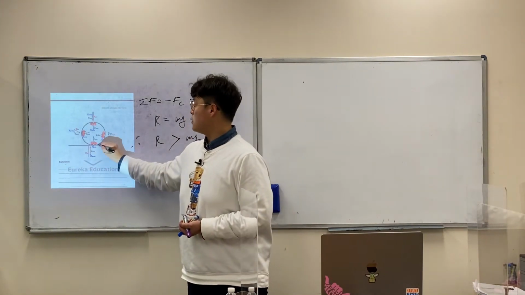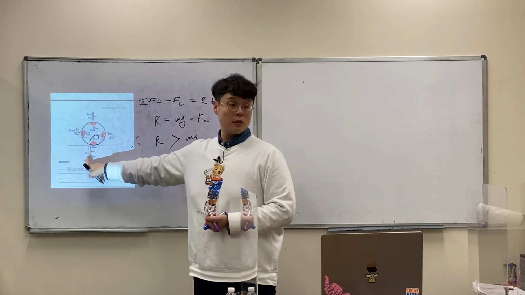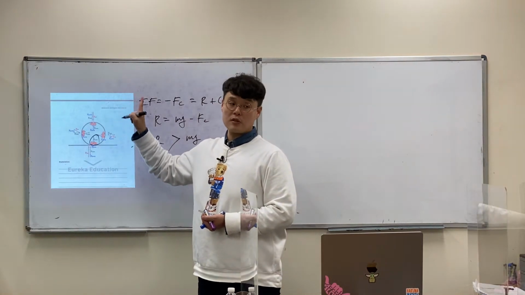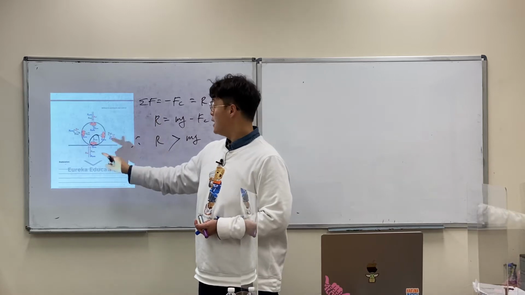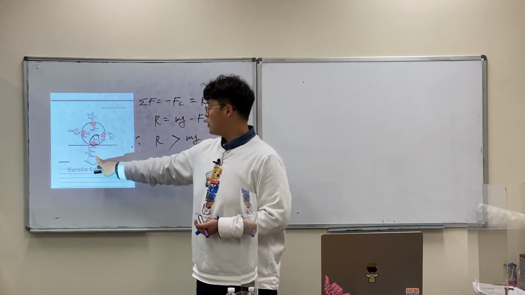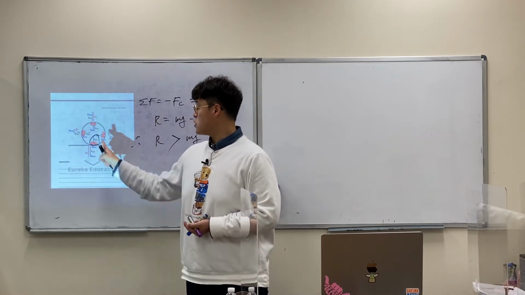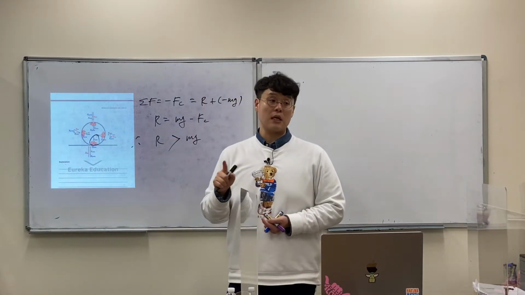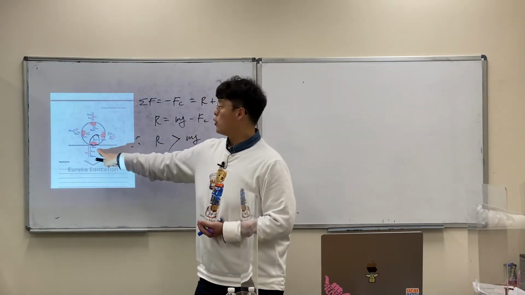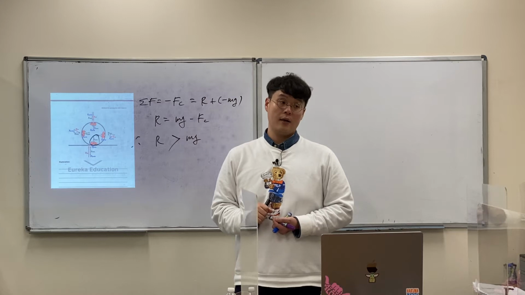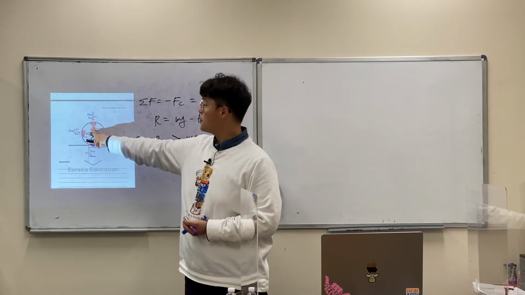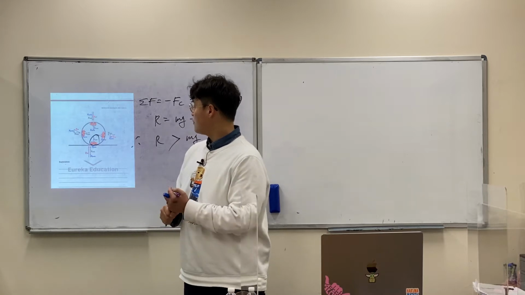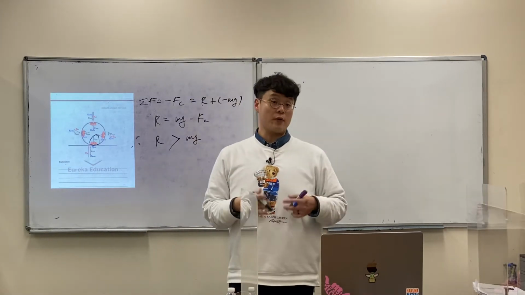In the situation down here, the F net will be applied up as the circular motion, the centripetal force is applied towards the center, and gravity is always moving downward like this. So the normal reaction force, as you can see, will be greater, which means the people on the roller coaster would feel heavier. On the other case, when you're upside down like that, the normal reaction force will be smaller than the mg, so it will feel lighter too.